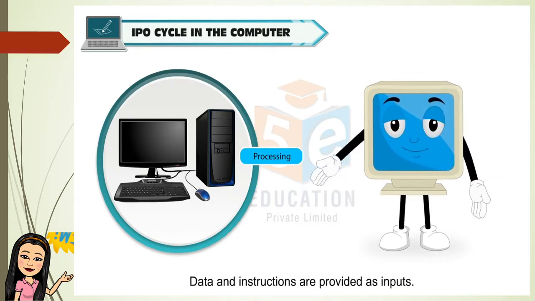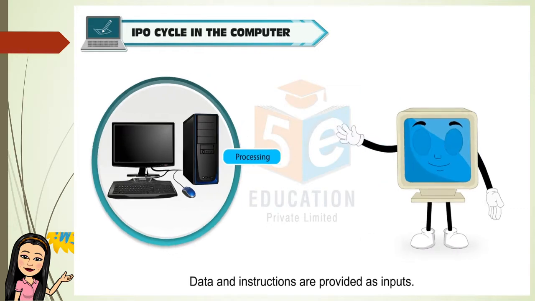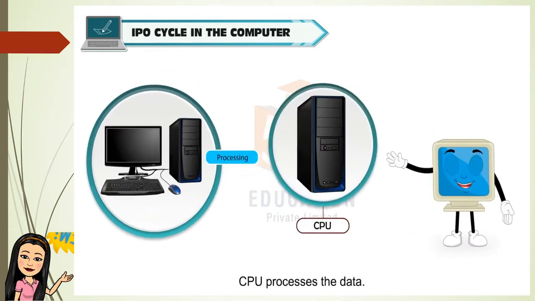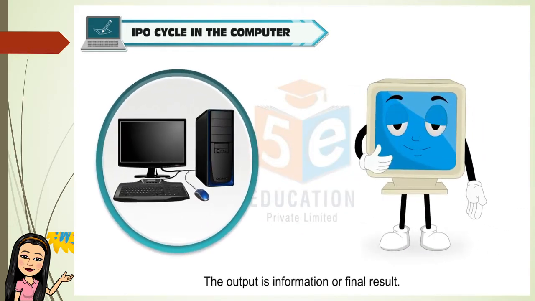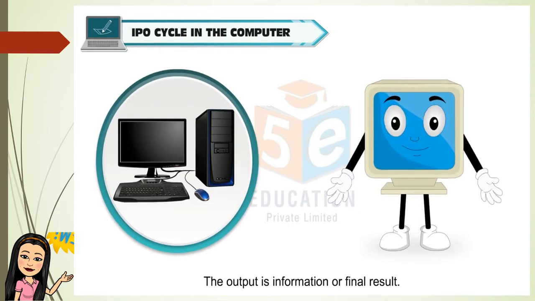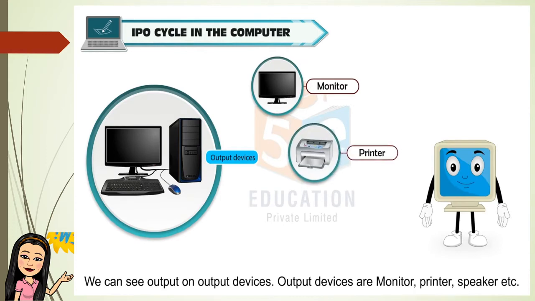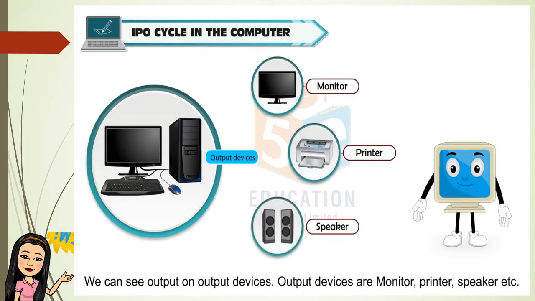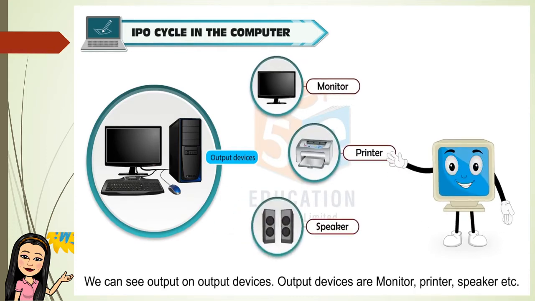Data and instructions are provided as inputs. The CPU processes the data. The output is information or the final result. We can see output on output devices. Output devices are monitor, printer, speaker, etc.